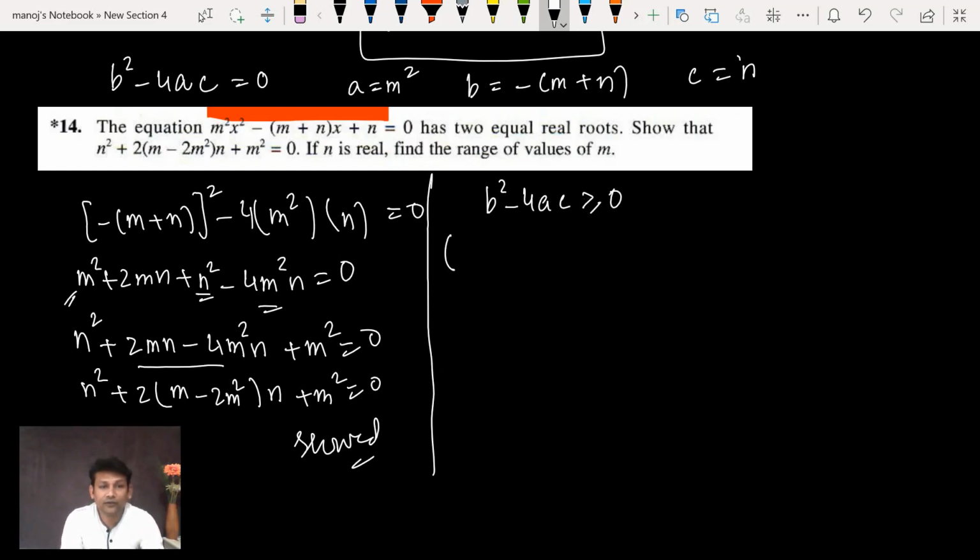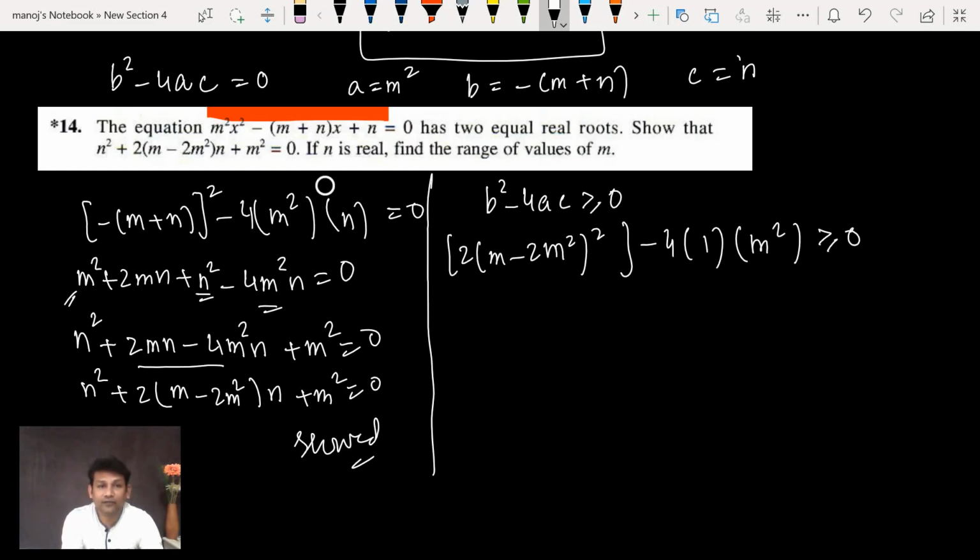B is the whole value here, so I'm writing 2m minus 2m whole square here, 4a is 1 and c is the whole m square. We are writing it as a real value of n, so n is your variable now. This square should be here, and this 2 into is making 4. Then m minus 2m whole square, therefore m square.